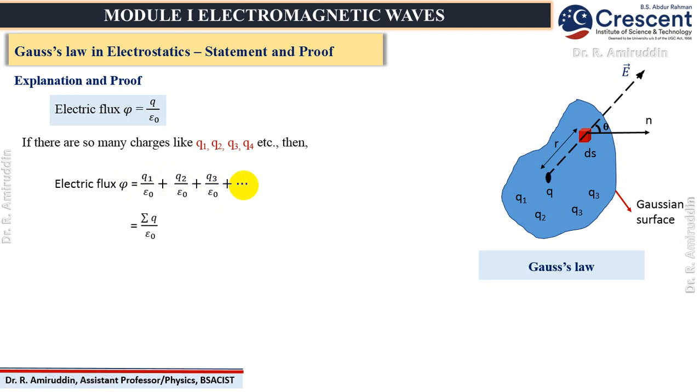So we can simplify and rewrite it as the summation of q divided by epsilon naught. Hence the electric flux phi is equal to the integration of E ds cos theta, which is simply the summation of the charge q within the Gaussian surface divided by epsilon naught.